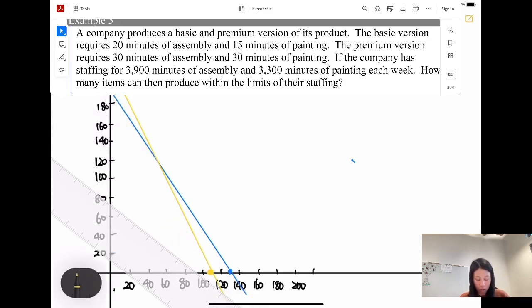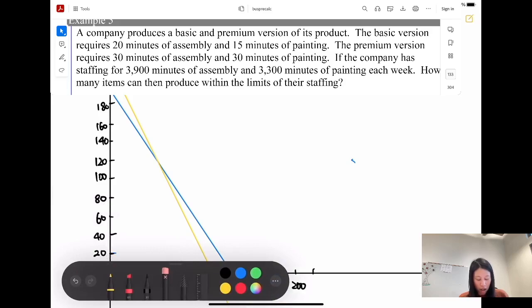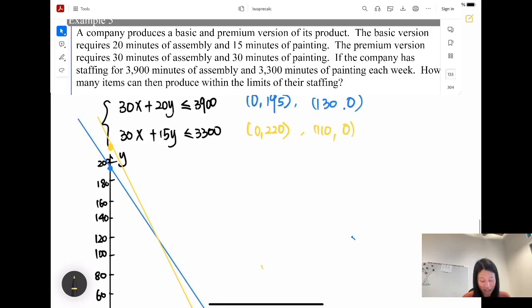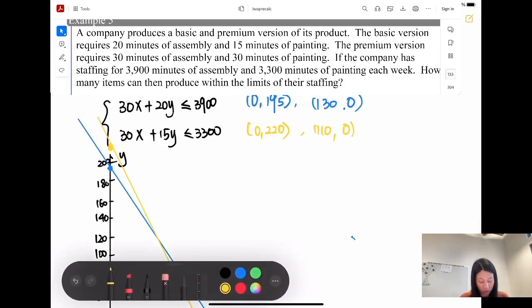All right, so what's the next step? The next step is we need to find a testing point. What would be the easiest testing point? 0, 0, right? We can use the same testing point 0, 0 for both, since they're all on the left side.